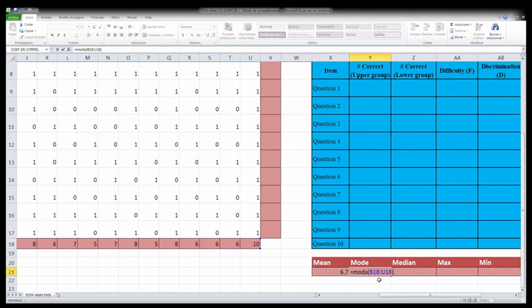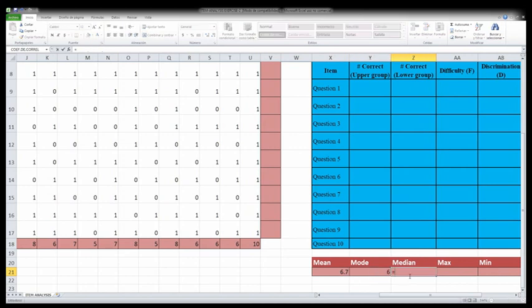It's B18 to U18, that's the range of cells. Here we go. So the mode is 6. So the most repeated score is 6. From the mean and the mode, we can see that the results were not very good for these students. Let's take a look at the median.